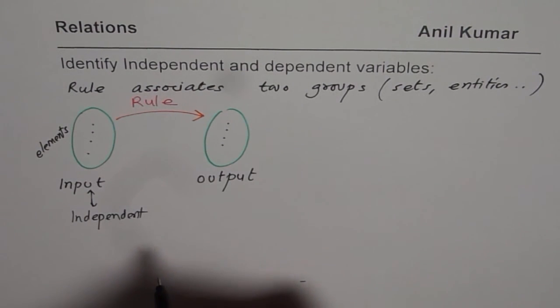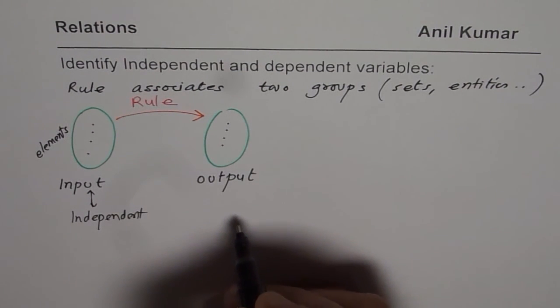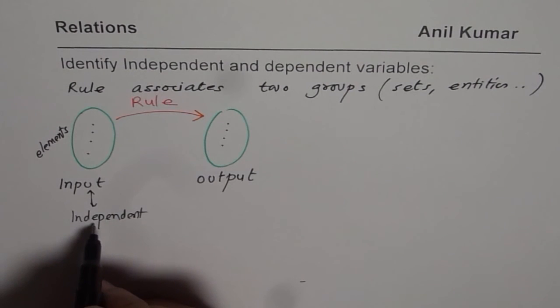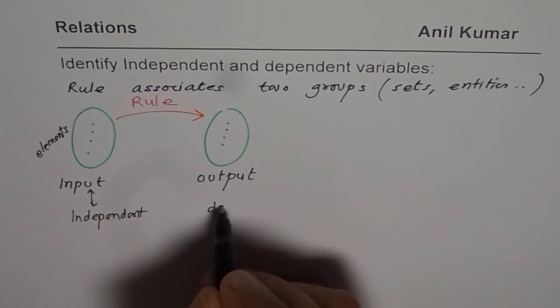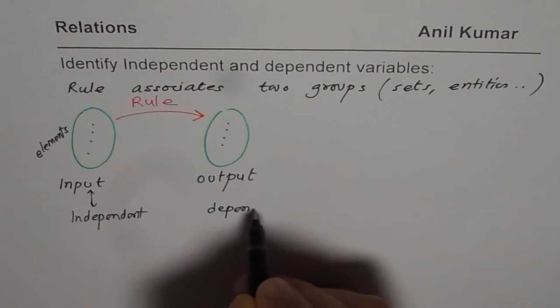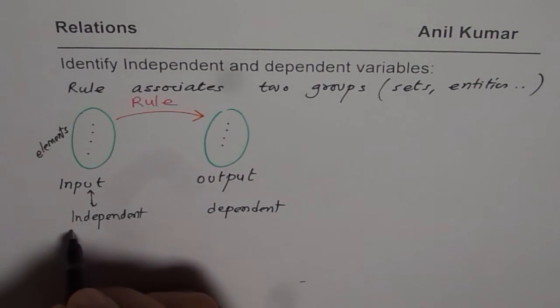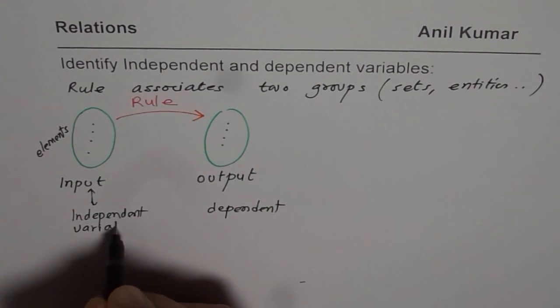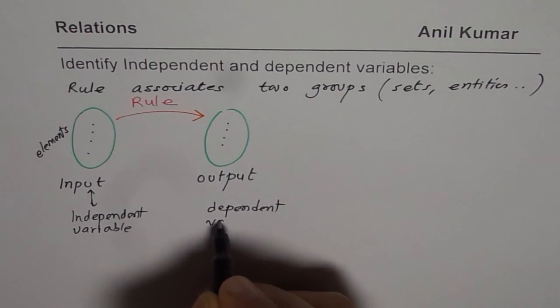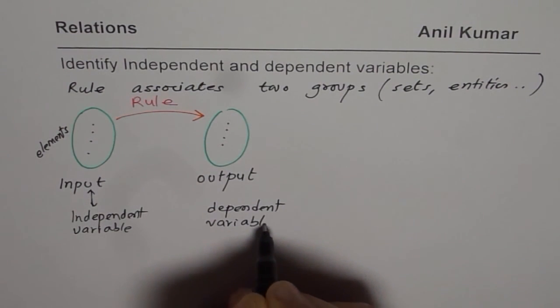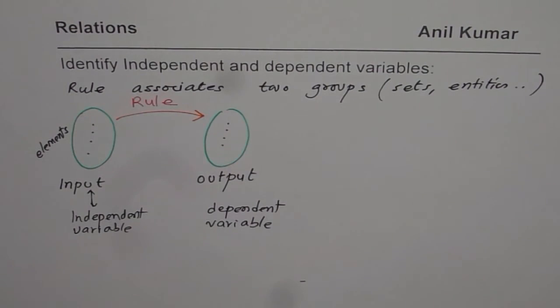You can give any input, and then whatever you get as an output based on the input, that means output is dependent. So outputs are dependent on the inputs, and therefore we have two sets of variables. One is called the independent variable. The other one is the dependent variable. Is it okay?